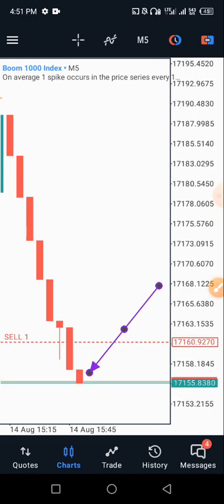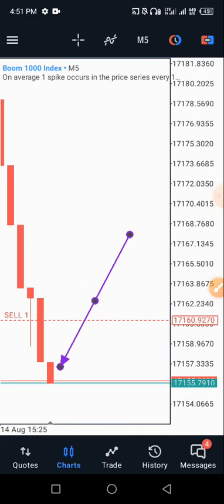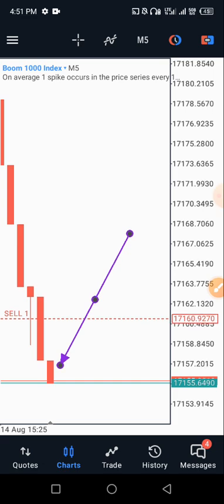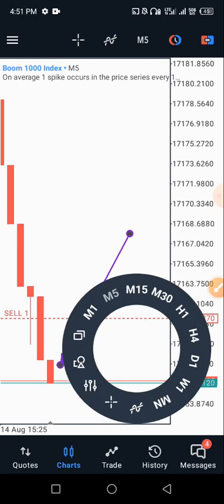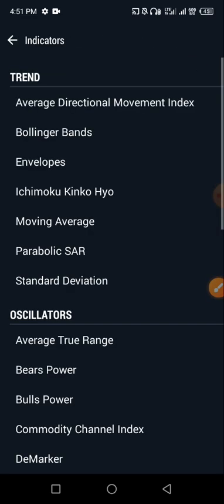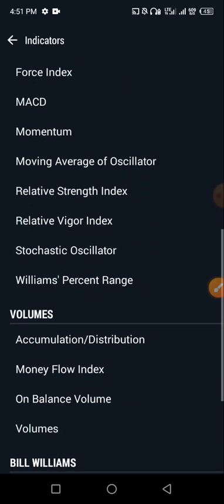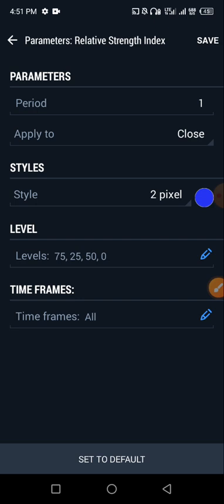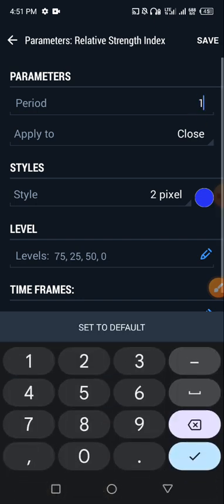Okay, so the first indicator we want to add on our chart is the RSI indicator. The RSI indicator will help us to note the overbought and oversold condition in the market. So if we want to put up the RSI indicator, our period will be set to 5.